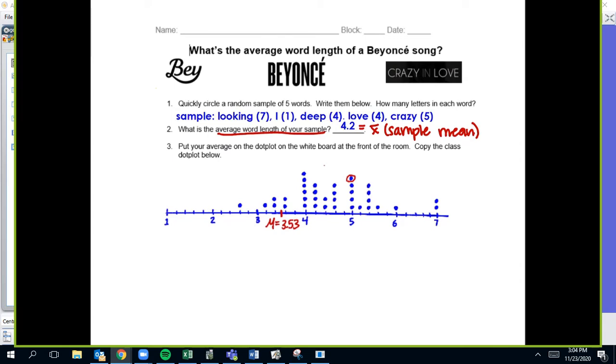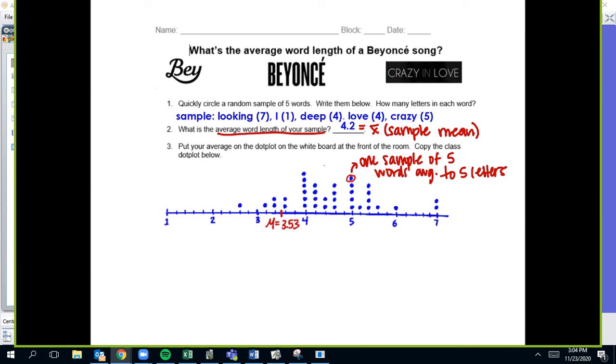And then here we have our dot plot. I circled this dot right here. I just wanted to remind you guys that one sample of 5 words averaged to 5 letters.